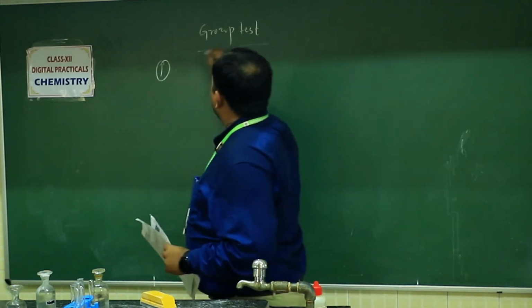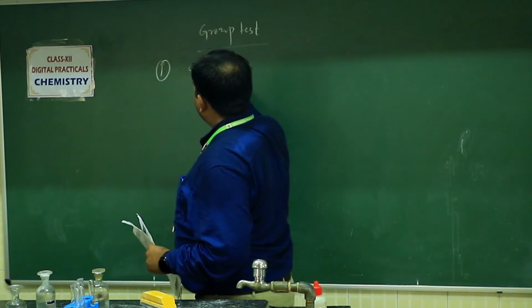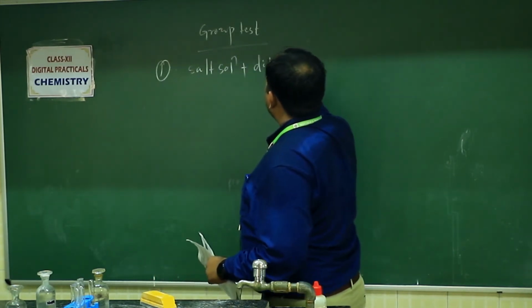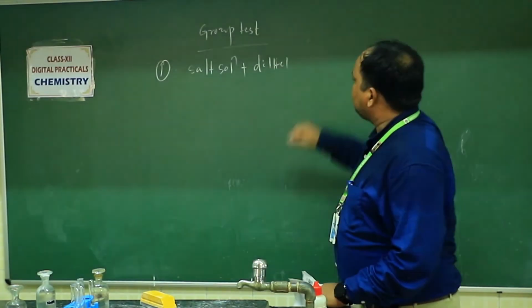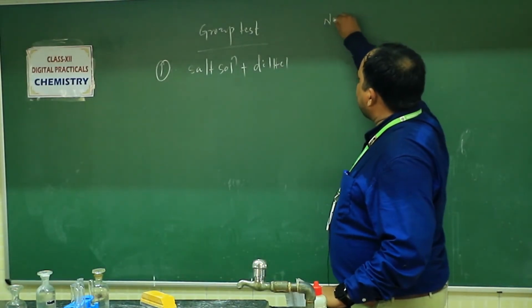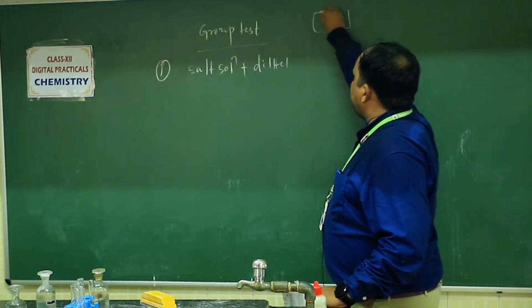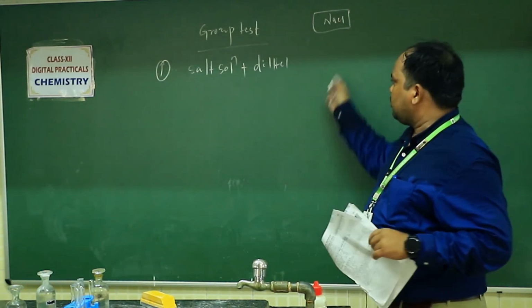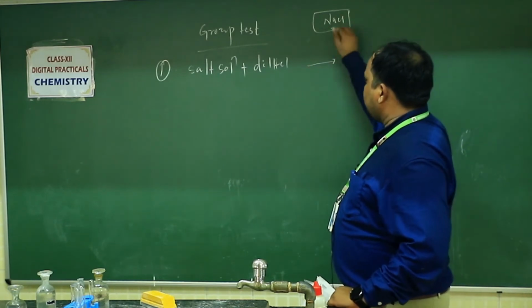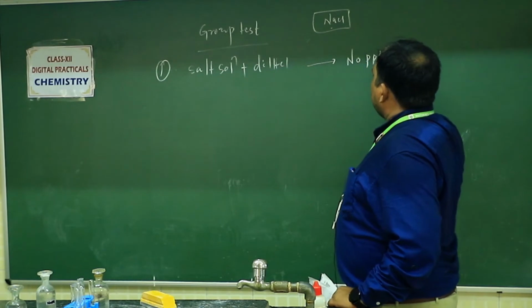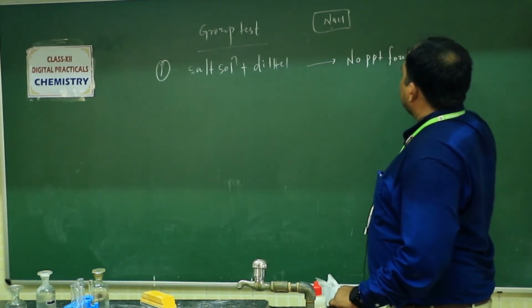You take the salt solution plus add dilute HCl to this. I have taken NaCl, but we find it as unknown. With dilute HCl no precipitate is found.